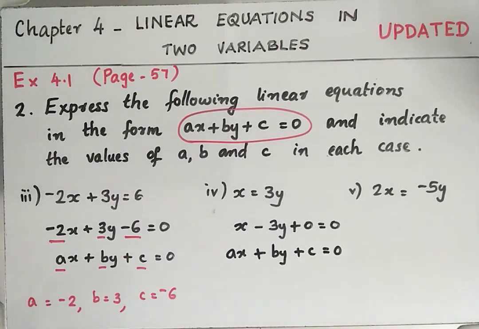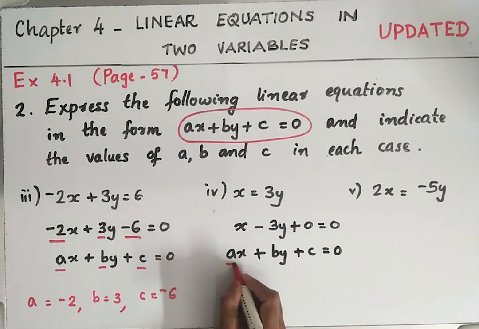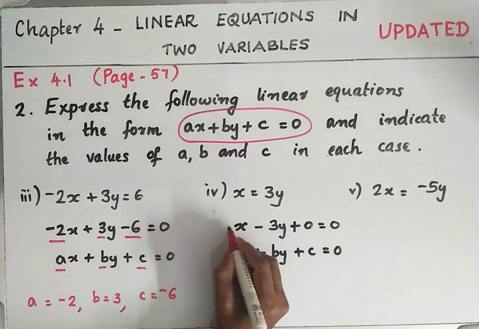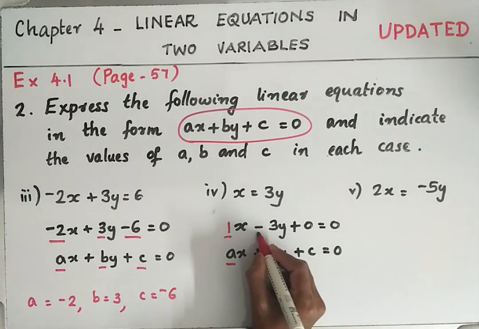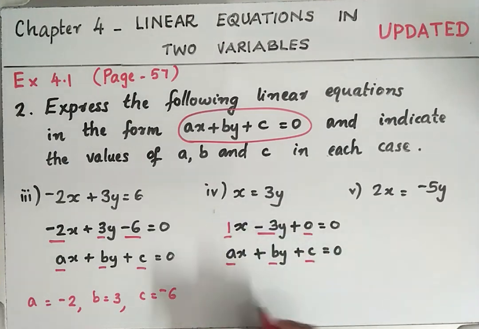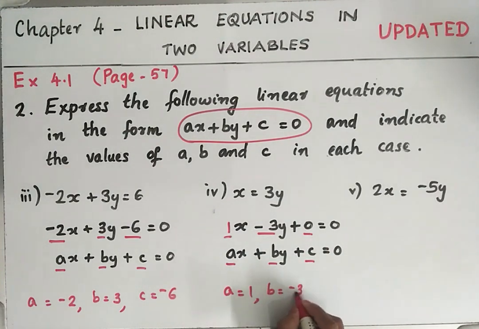Now what's the value of a? x means it is 1x. So value of A is 1. Value of B is negative 3. Value of C is 0. So A equal to 1, B equal to negative 3, C equal to 0.